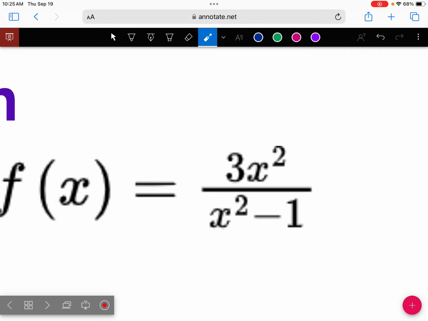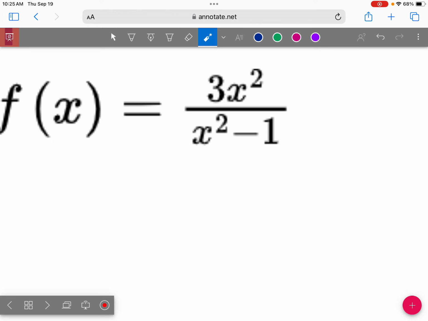Zero in the denominator is a problem, not in my numerator. In the denominator, that's a problem, because that gives us undefined. So my numerator actually doesn't really matter. It's not doing anything for or against me, because it's an x squared. What we care about is when our denominator equals 0.